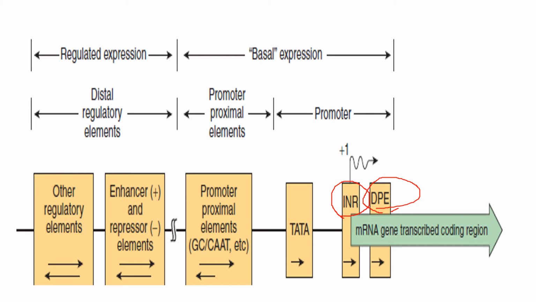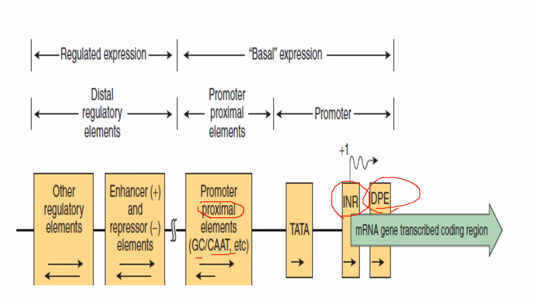Certain genes contain the TATA box, but most genes contain the initiator or downstream promoter element instead of the TATA box. These are the core promoter region, but close to the core promoter region there are the proximal elements or the proximal promoter region, which can bind the GC or CAAT box. It comprises maybe a GC box or maybe a CAAT box.